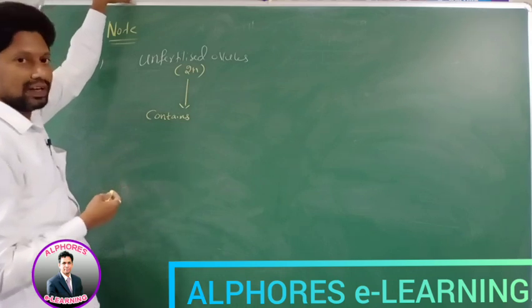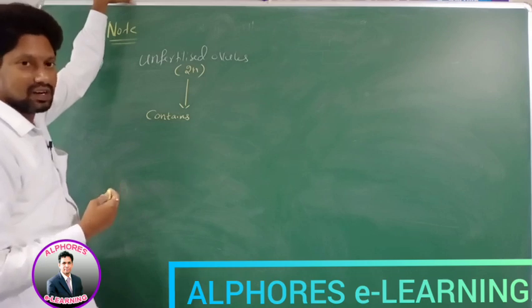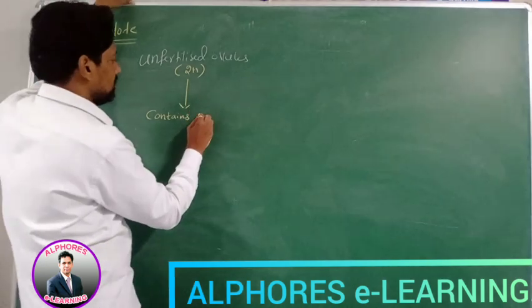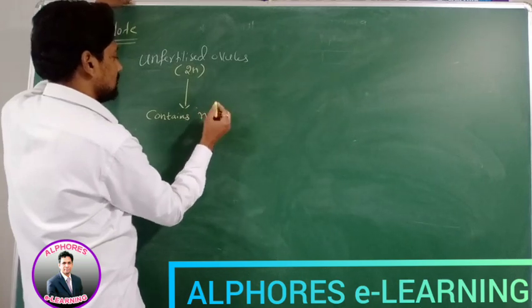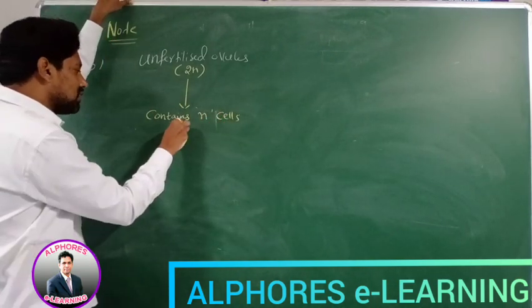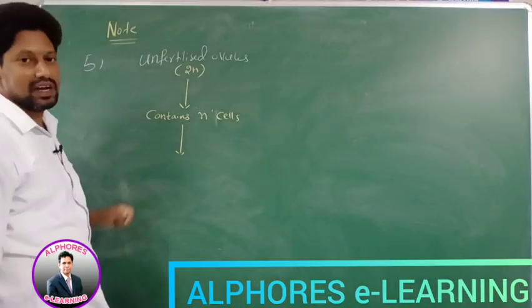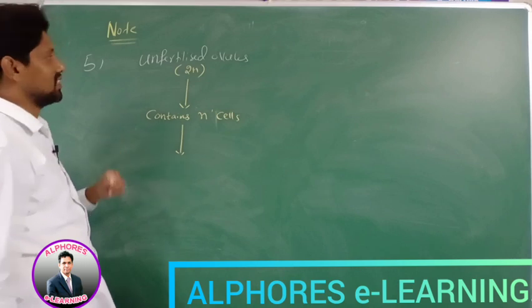Sir, an unfertilized ovule contains haploid cells. It contains the embryo sac. That embryo sac contains egg cell, synergids, antipodals, yes or no? Therefore, it contains haploid cells. From these haploid cells, what are produced? Haploid plants are produced.